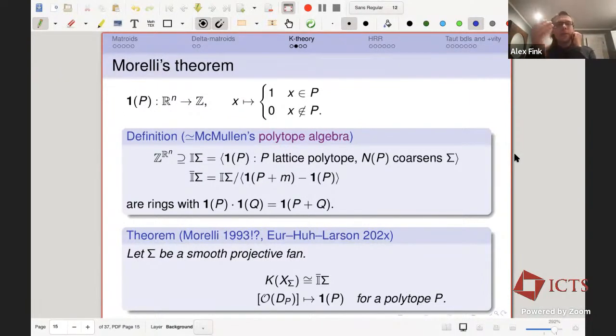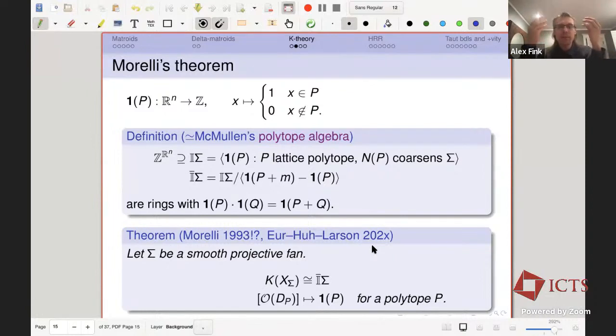Morelli in 1993 gave a presentation of the K-ring of a smooth projective toric variety. I have this in terabang here because his proof had a flaw in the polyhedral reasoning that was found by Peter McMullen, but my co-authors Ayyer and Larson, together with Junha, have checked it and are convinced that actually the statement is okay, and so they will be publishing this soon.